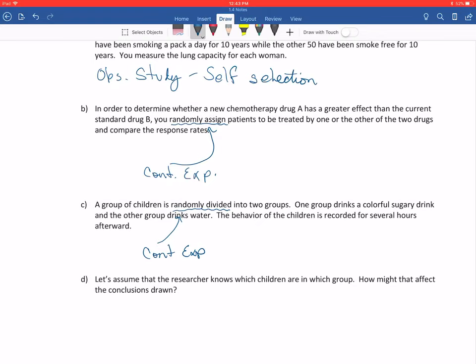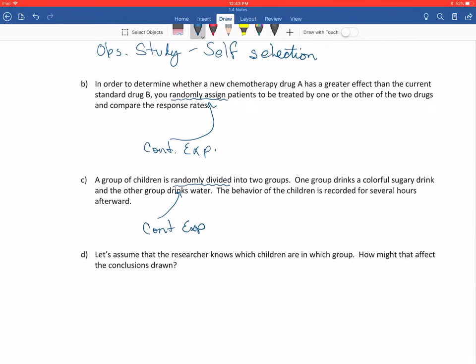Now, follow-up question to that is, assume that the researcher knows which children are in which group. How might that affect the conclusions that are drawn? So the researcher knows exactly what children drank the sugar drink and what ones drank water. And how might that let bias enter into their conclusions? What I see there is I think they might evaluate the children differently. They might evaluate their behaviors differently.